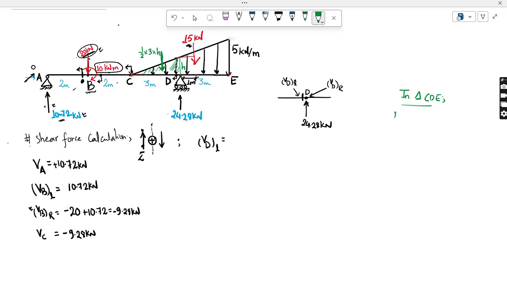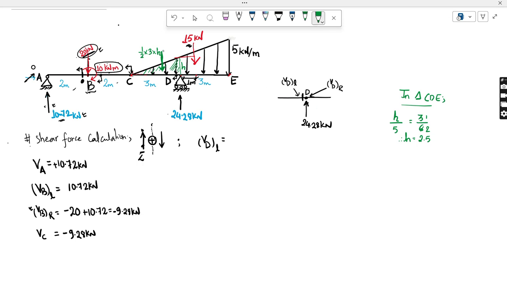So I can write that h upon 5 equals 3 by the whole base, which is 6. So h will come out as 2.5.